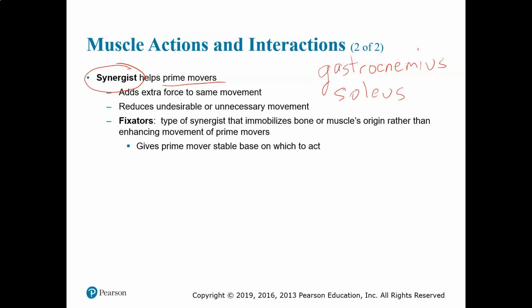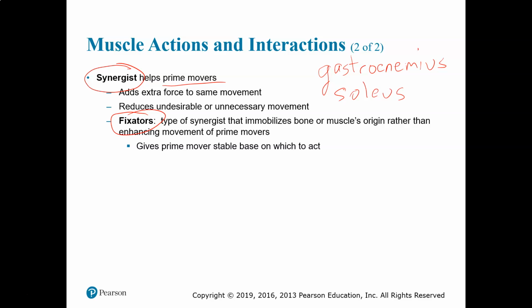And fixators help to maintain posture. They stabilize and immobilize bone. They are a type of synergist that immobilize bone or muscle's origin rather than enhancing the movement of prime movers.